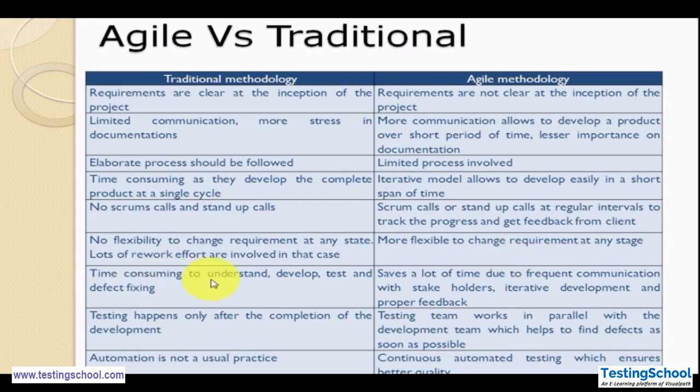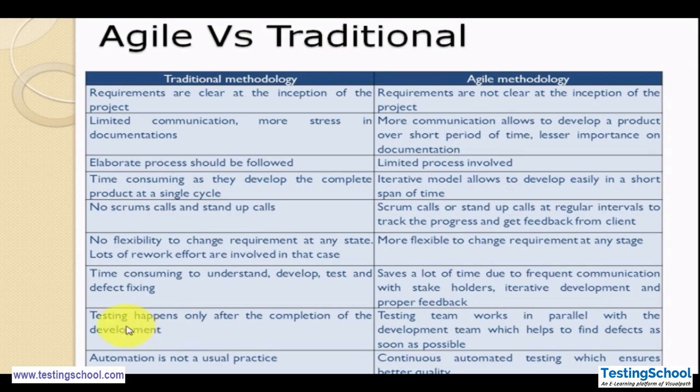The traditional model is time consuming to understand, develop, test and fix defects. But in agile, it saves a lot of time due to frequent communication between our different stakeholders, where we tell our client directly what we are working on, where the defect is, and how much time we take to fix those.